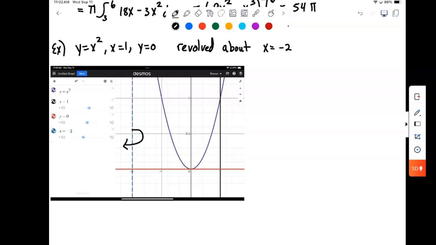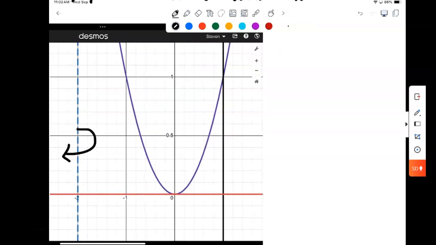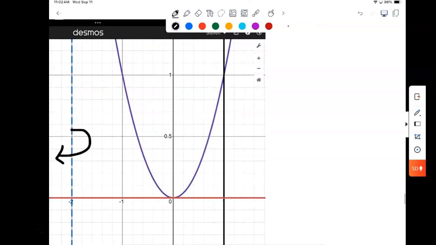Now we're going to do this with shells because that's what I want to focus on here. So for shells, we need to measure our rectangle parallel to the axis that we're rotating about. So that means I would be moving up here. So this will be in terms of x.